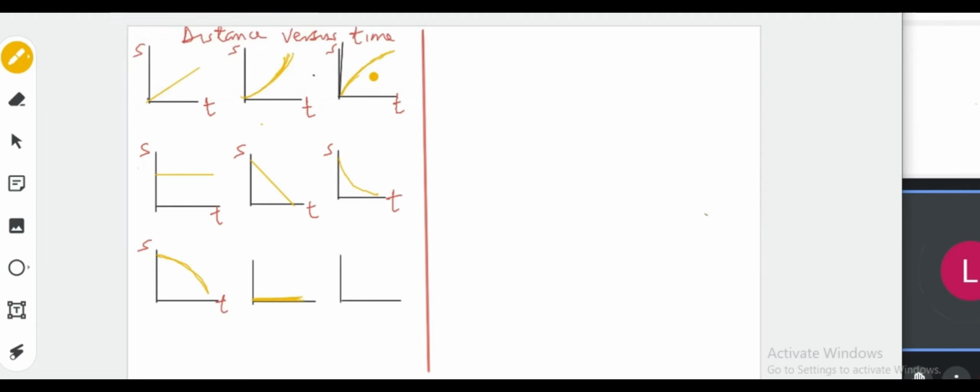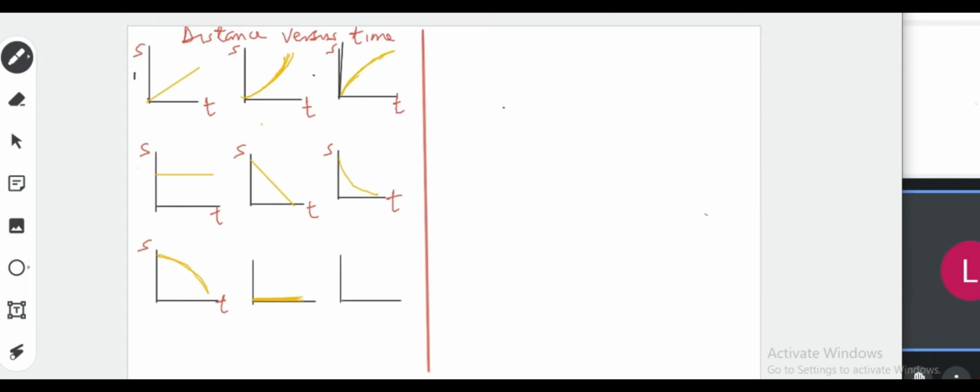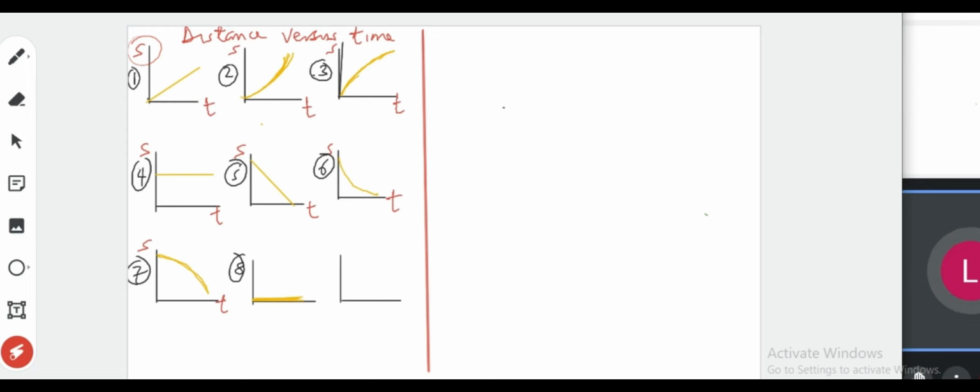Okay, let me number it: 1, 2, 3, 4, 5, 6, 7, 8. You know, when you find the gradient, or slope, of a distance against time graph, let me explain it first.